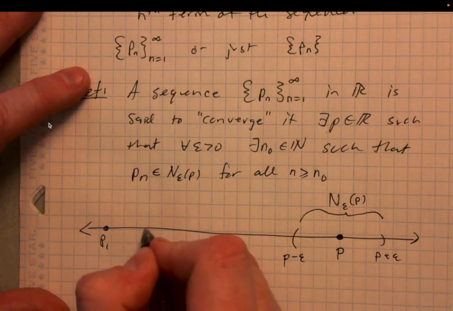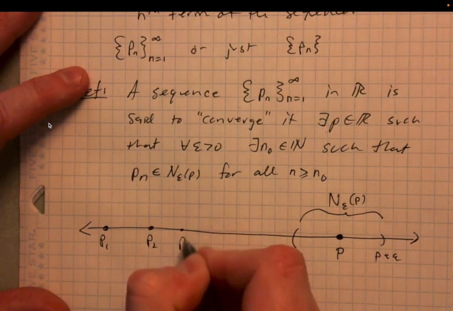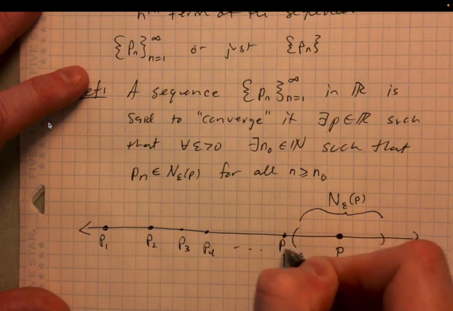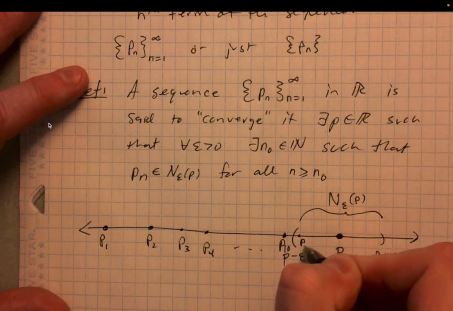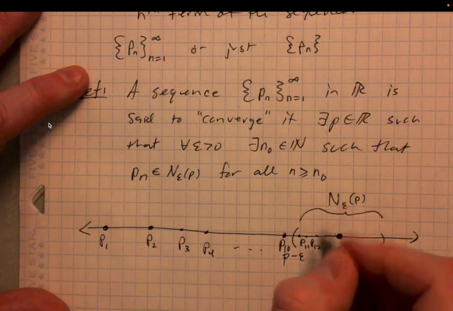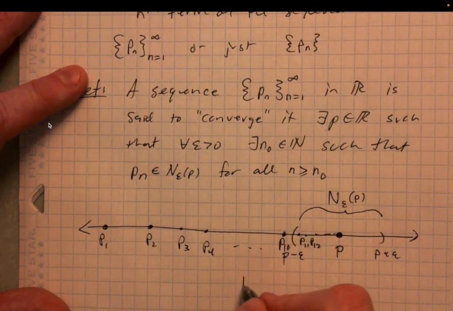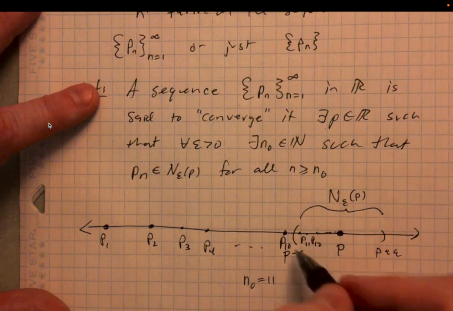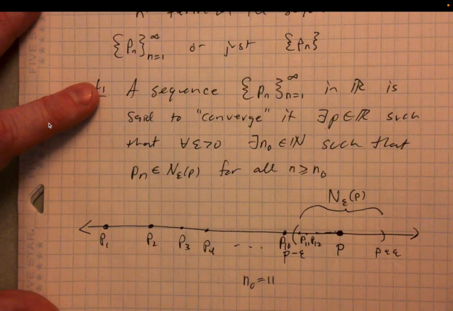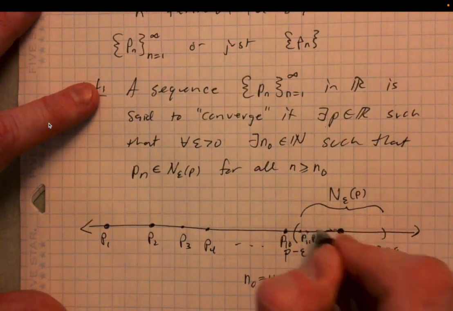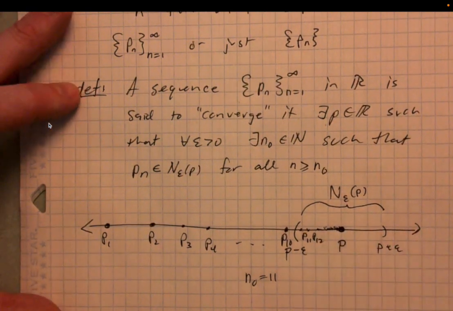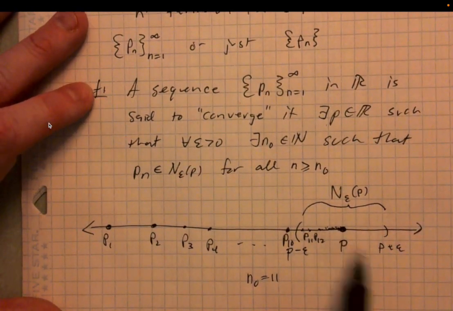I've got p1, p2, p3, p4, and so on. Somewhere up here I get to p10, and then I cross into the epsilon neighborhood: p11, p12, and so on. Beyond p11, where n naught would be equal to 11, all of the rest of the terms of the sequence, remember they're infinitely many, stay inside this epsilon neighborhood, and indeed they get closer and closer to this value of p as n increases.